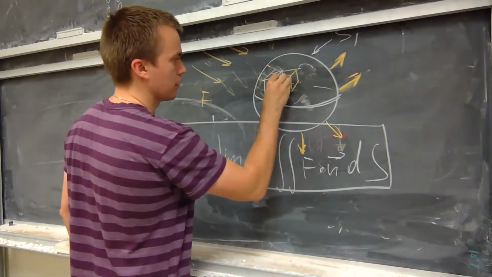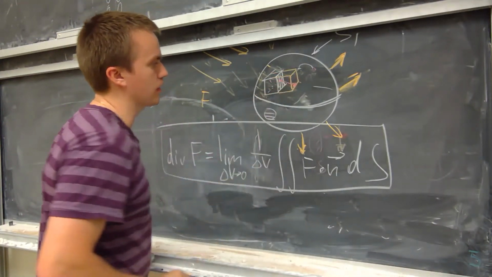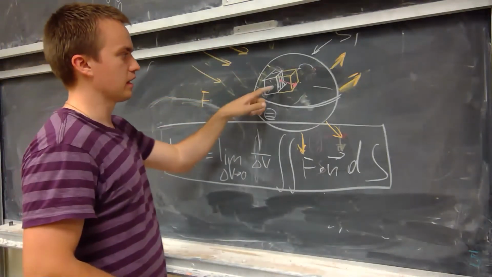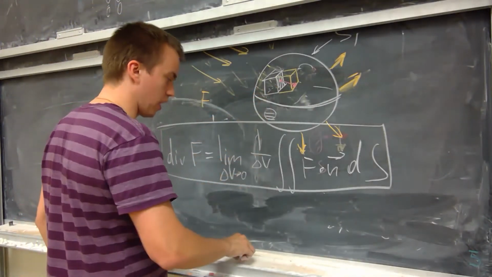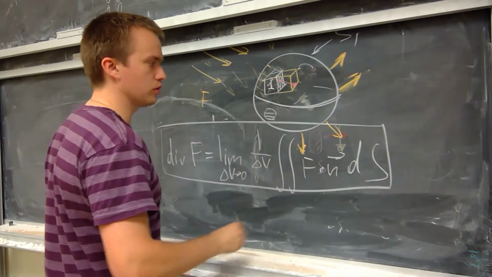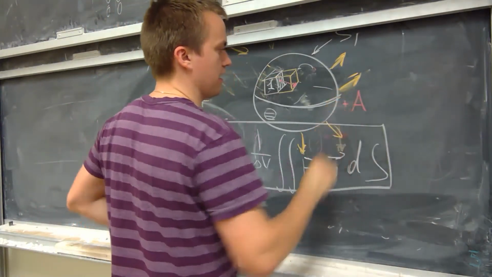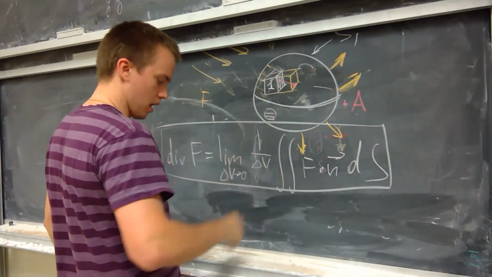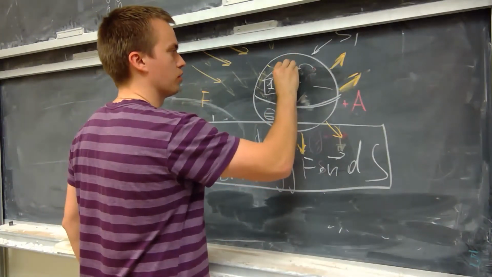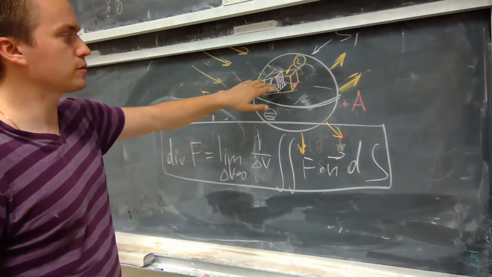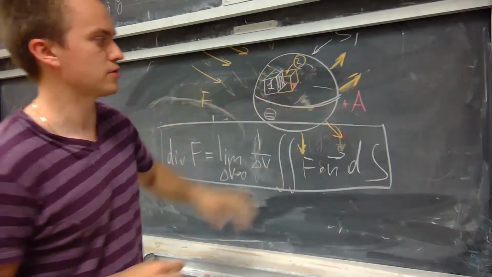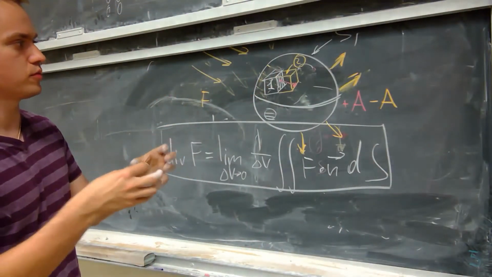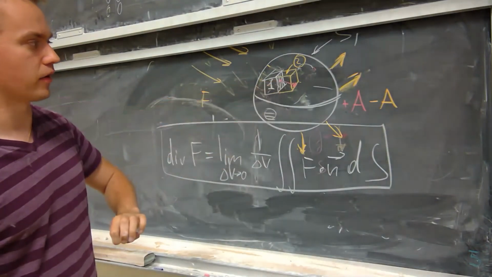If my vector field is represented by this red line, and I'm computing how much of the vector field goes through this side, this cube, let's say cube 1, will contribute the value A. If I call A the amount of liquid that goes through the side, I will have positive A. But cube number 2 has the same face, and corresponding to this face, it will contribute the value minus A. So if you add 2 cubes next to each other, this side doesn't matter.